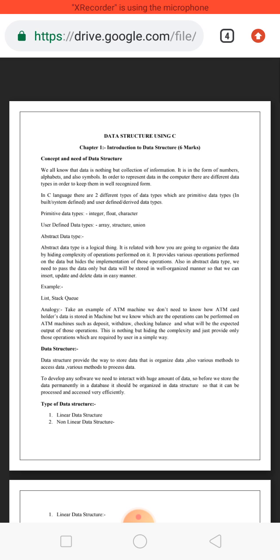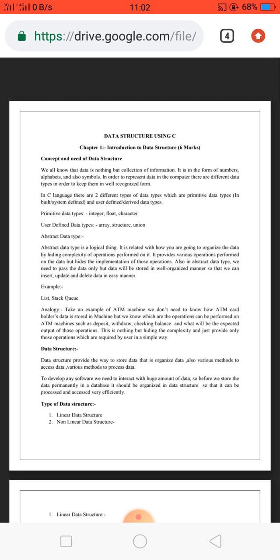So you may ask, what is the use of data structure? Even though we have a database, yes, database is used to store data permanently. But before we store the data in a database, we need to process that data, no? So to process that data, we need to store them temporarily in our computer's memory.